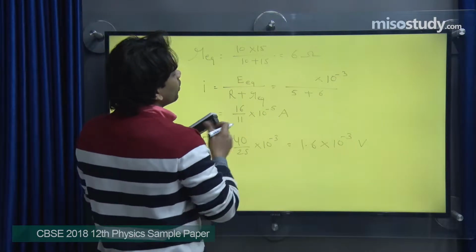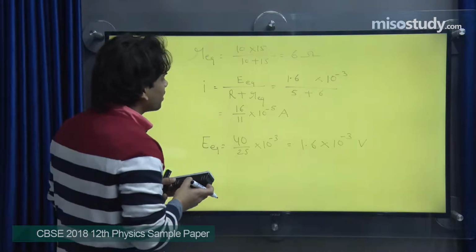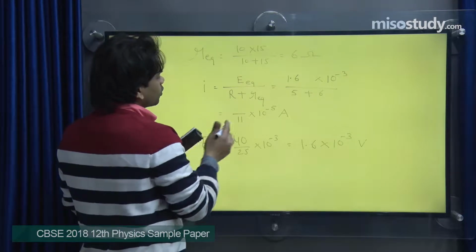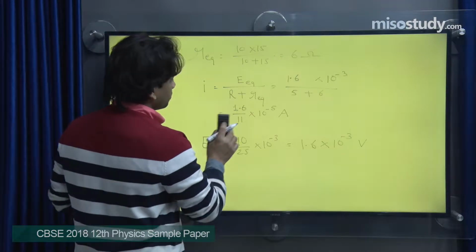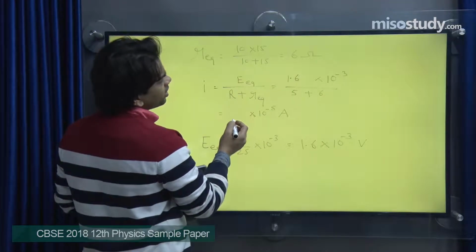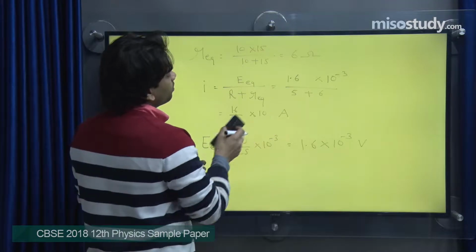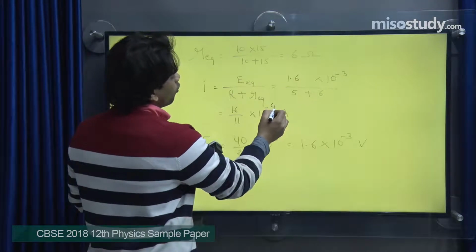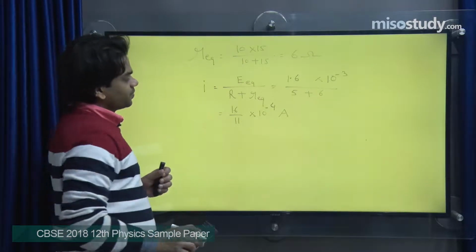This will be actually 1.6 into 10 to the power minus 3 divided by 5 plus 6, 11. So this will become 16 by 11 into 10 to the power minus 4. We will have this as the required answer.